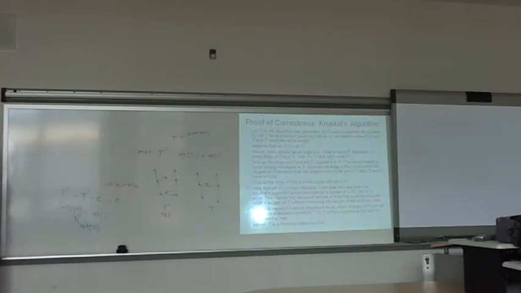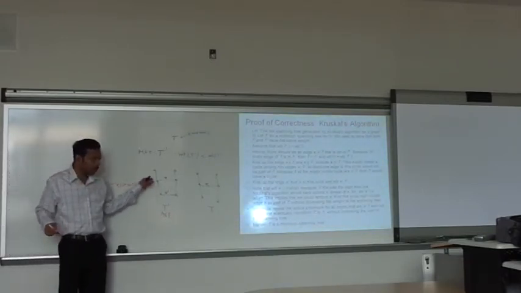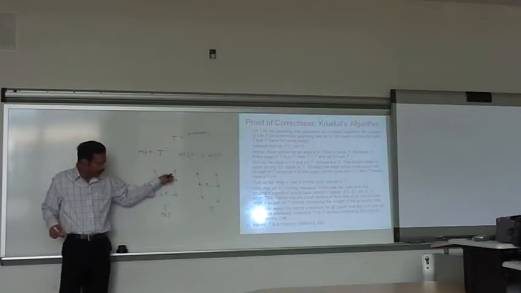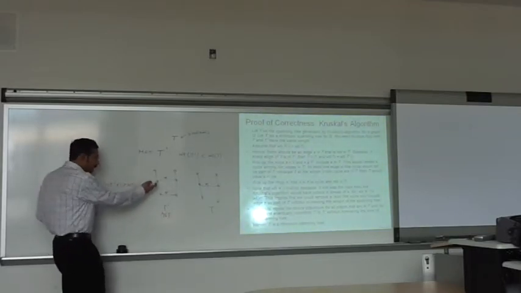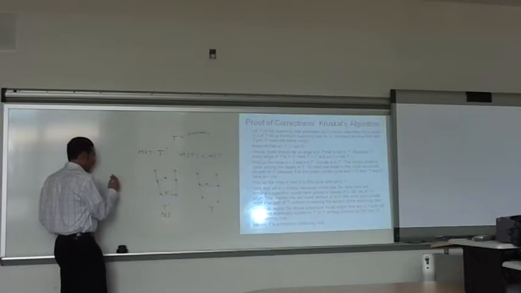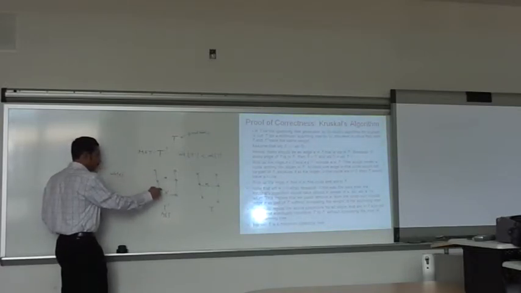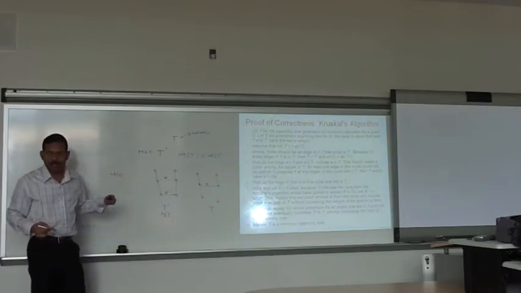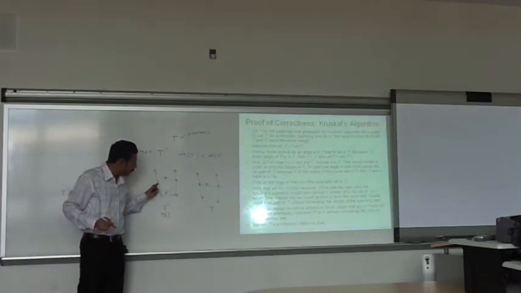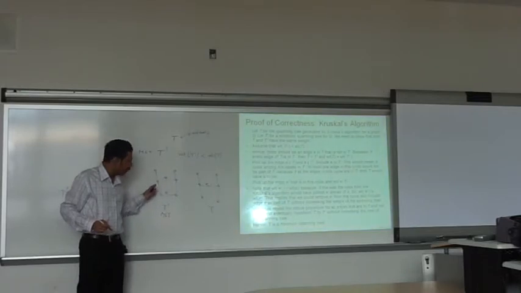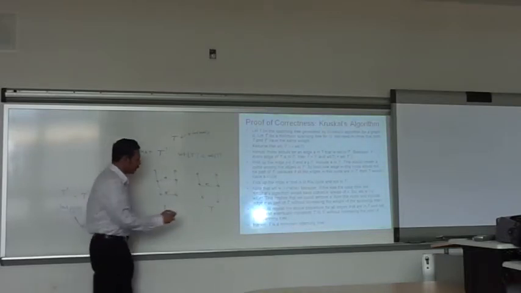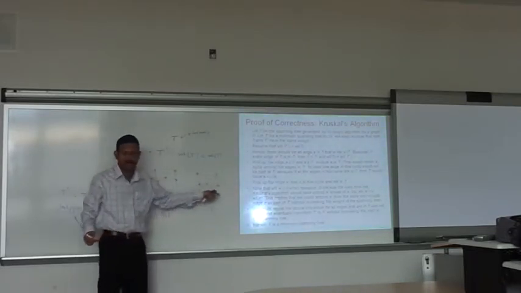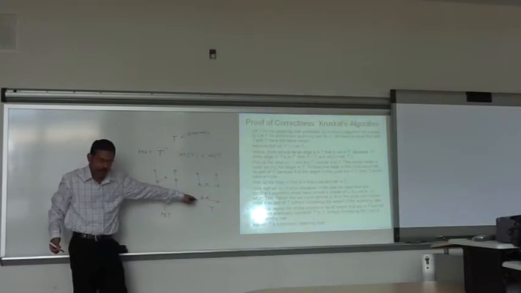Right? So what we proved in the previous theorem is that if I put an edge on a minimum spanning tree, that's going to create a cycle, and that edge is going to be the largest weight edge in that cycle. And based on that, I can say the weight of E is greater than all the edges that are part of the cycle. And notice that all these four edges cannot be in this tree T, because if all these four edges are here, this is a cycle, and we know that this is a tree, not a cycle.